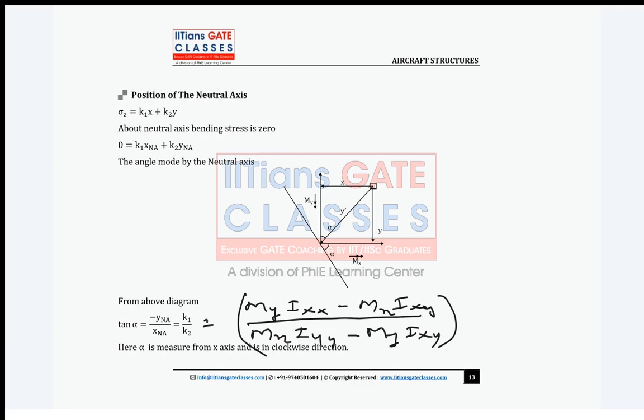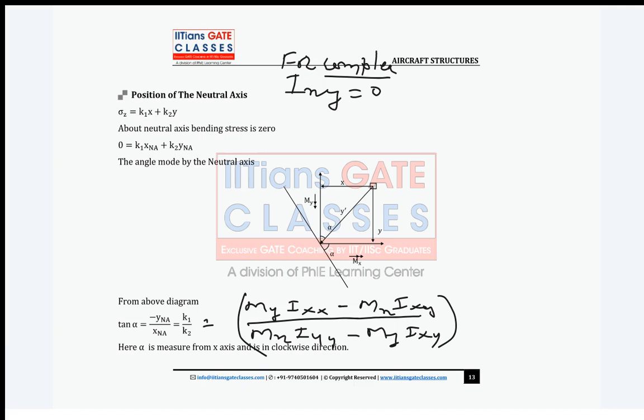Now guys, further, for simple bending, what is the Ixy? For simple bending, Ixy is 0.